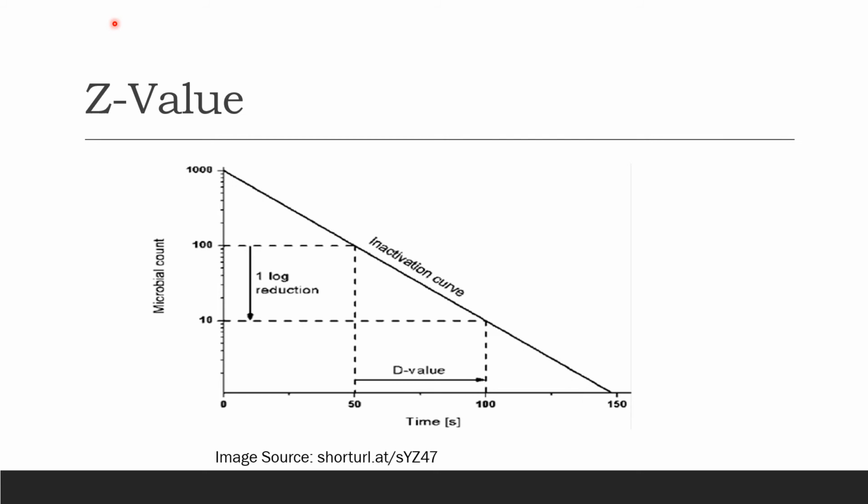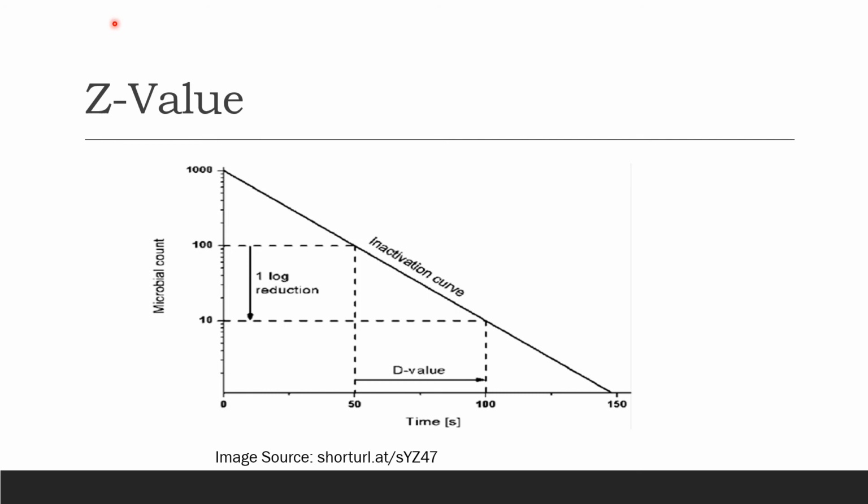The D value and Z value are essential for the sterility assurance level, the microbial safety index, which gives a numerical value to the probability of a single surviving organism remaining as a contaminant in the processed product.